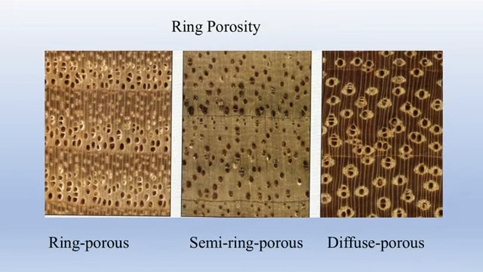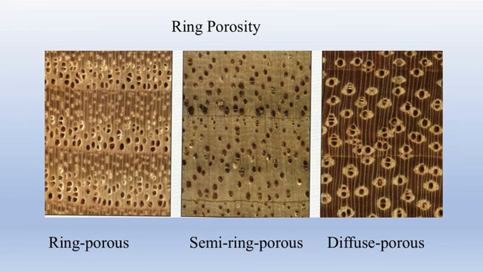Okay, other ring porosity names. This type is called ring porous. You can actually see the different rings: early wood, late wood, early wood, late wood.